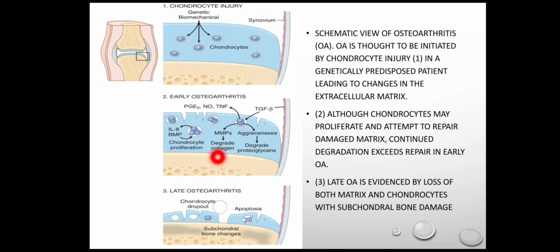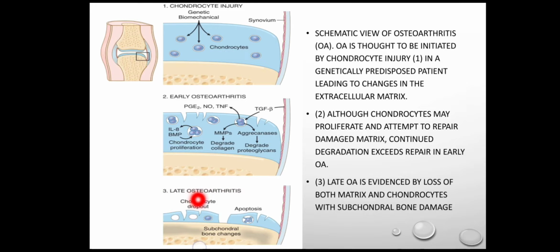So this degradation and synthesis takes place simultaneously, but as the age progresses, or because of increased mechanical trauma or increased mechanical stress to the joint, there will be a stage when the synthesis will decrease, that is chondrocyte proliferation will decrease and breakdown will increase.